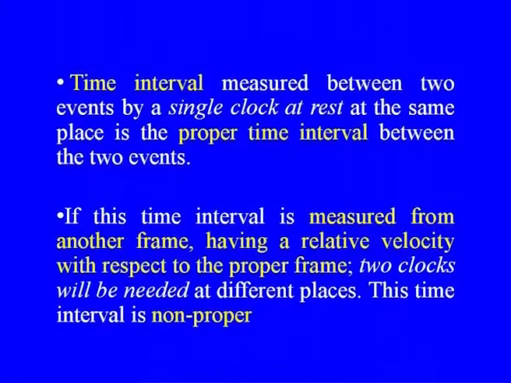So what's a proper time interval, to be more precise? It's the time interval measured between two events by a single clock at rest at the same place. We just had an example of a person sitting in a train looking at his watch at two different stations.